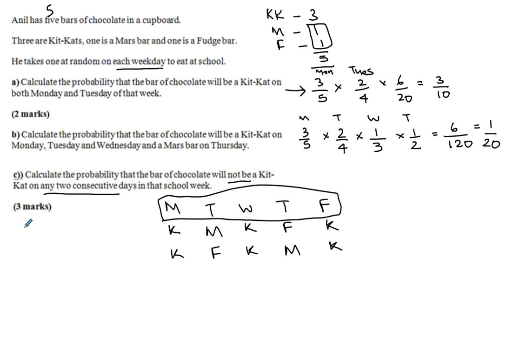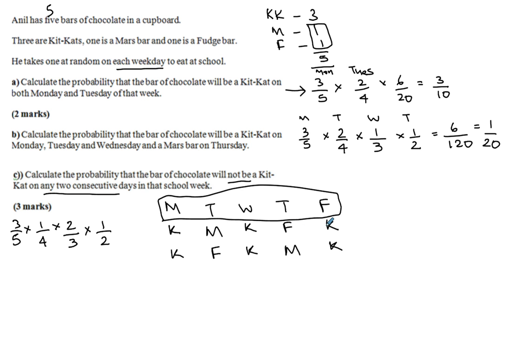So the probability of getting a Kit Kat on that first day would be 3 out of 5. And then a Mars bar would be 1 out of 4. Then on Wednesday to get a Kit Kat, you'd only have 2 out of 3. And Thursday, to get a fudge, we only have 1 fudge out of a total of 2.